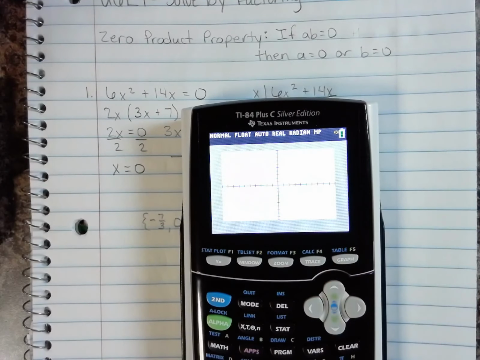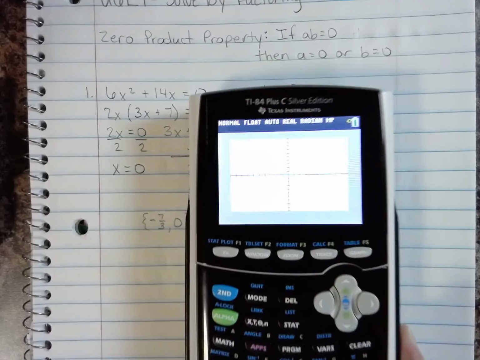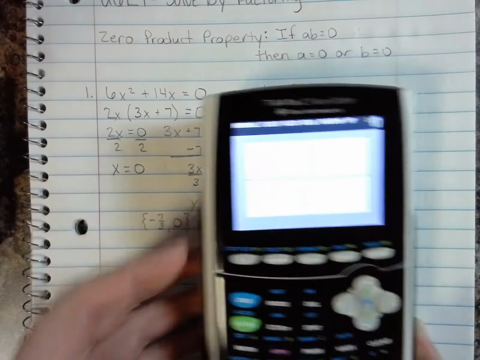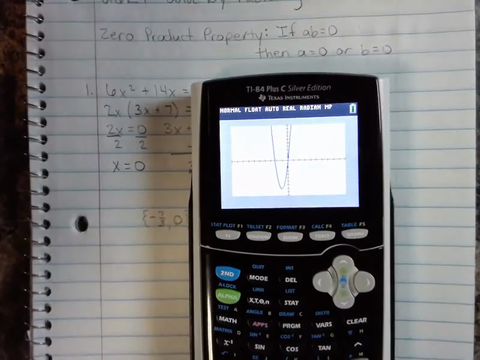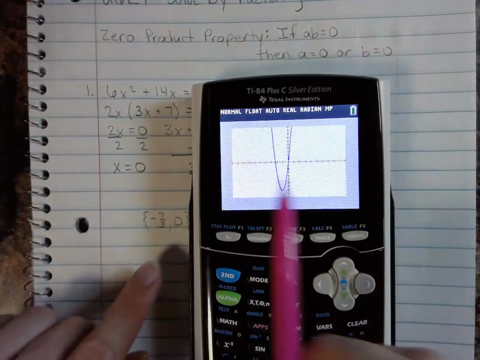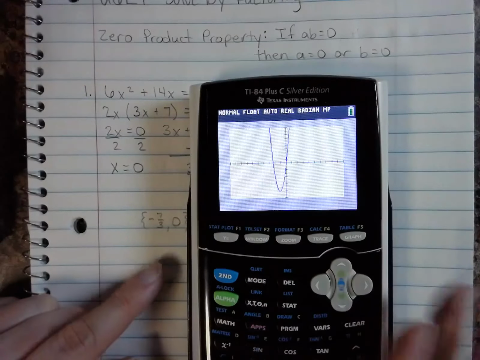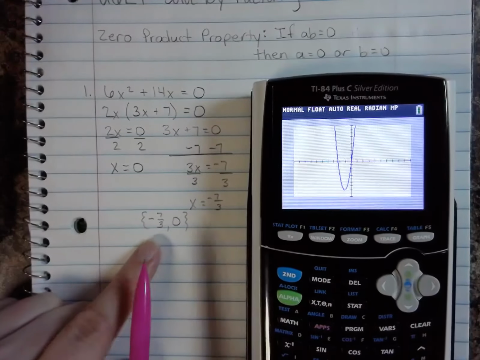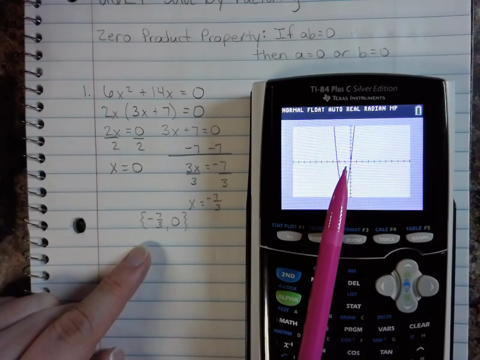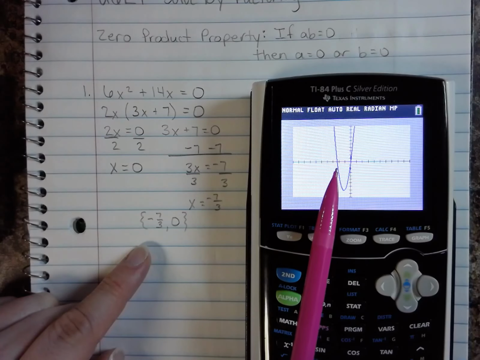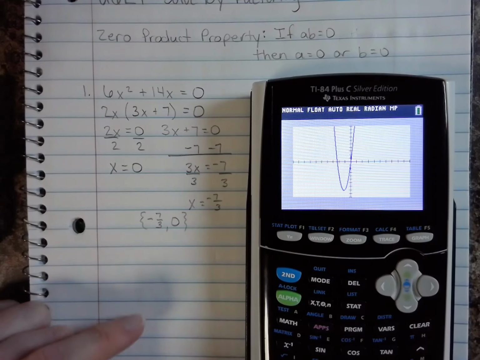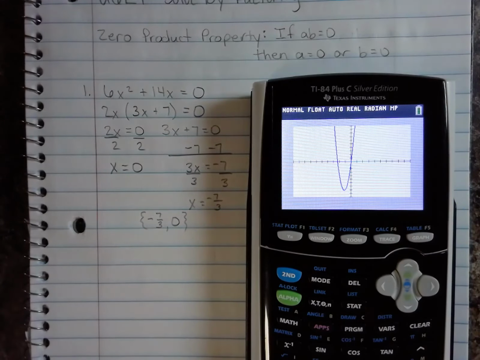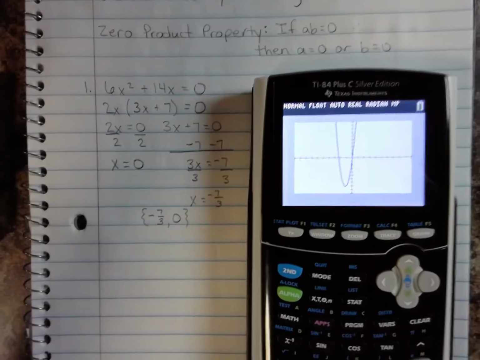When you hit the graph button, you should see the x-intercepts are the same as what you solved to be your solutions. At -7/3, so that's -2.3 or -2 1/3, and at 0, so at the origin. So you can use your graphing calculator to help you check your solutions.